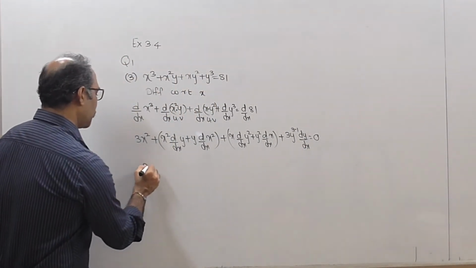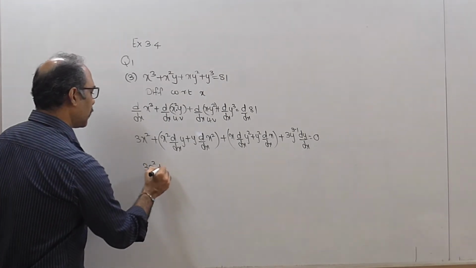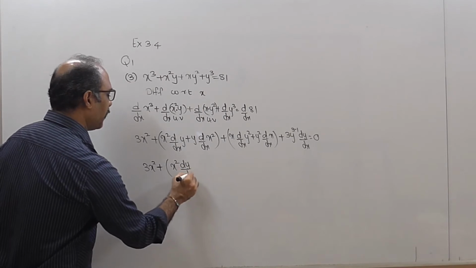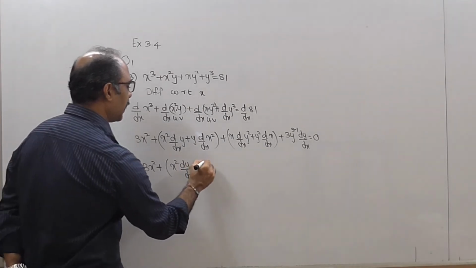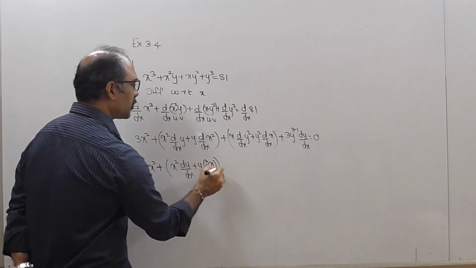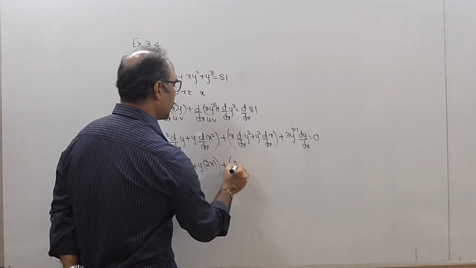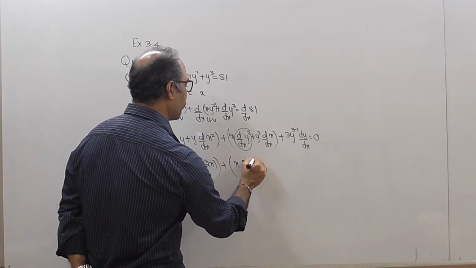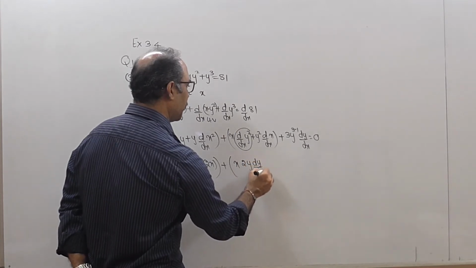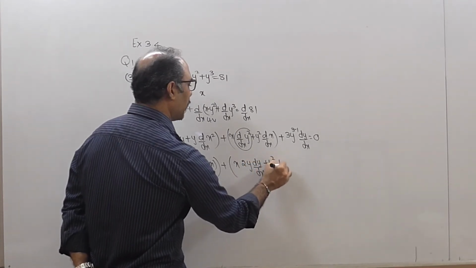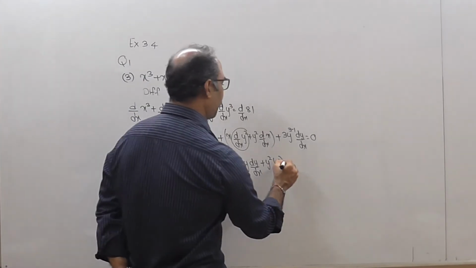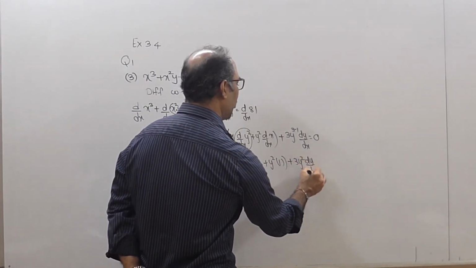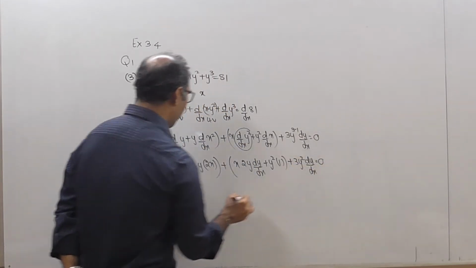So this becomes 3x square plus this will be x square, derivative of y will be dy by dx, y derivative of x square is 2x plus x, derivative of y square will be 2y dy by dx, y square, derivative of x is 1 plus 3y square dy by dx equal to 0.